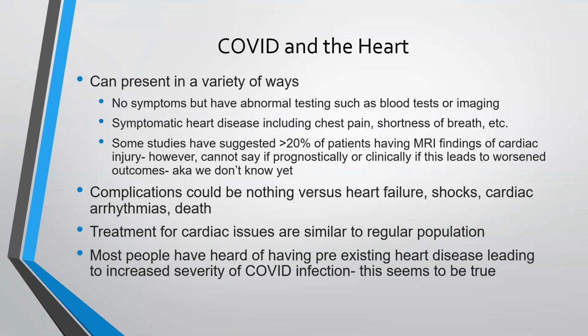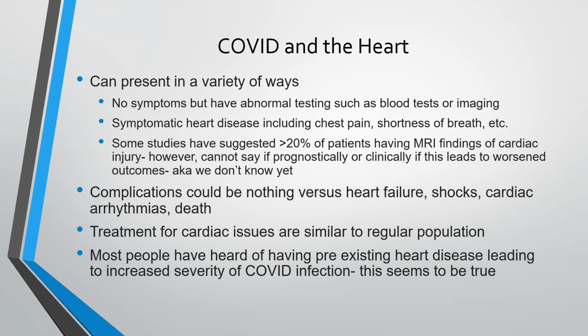So heart issues can present in a variety of ways. For example, someone could have no symptoms at all, but on blood tests or imaging tests like MRI, they look to have heart damage. They don't know it, but they did. And then other people actually have the classic symptoms of heart disease, including chest pain, shortness of breath, et cetera, that we've discussed.